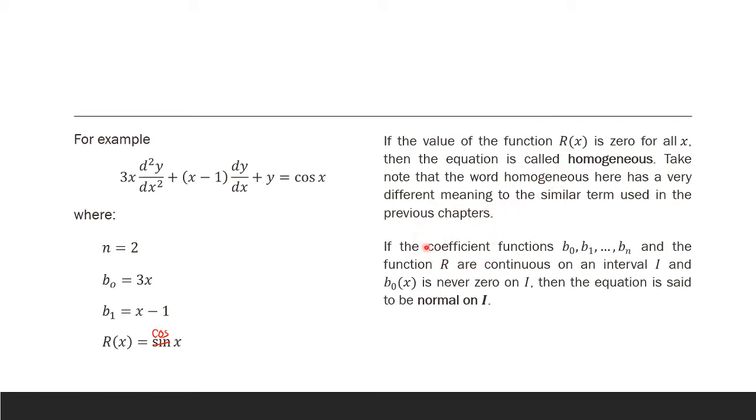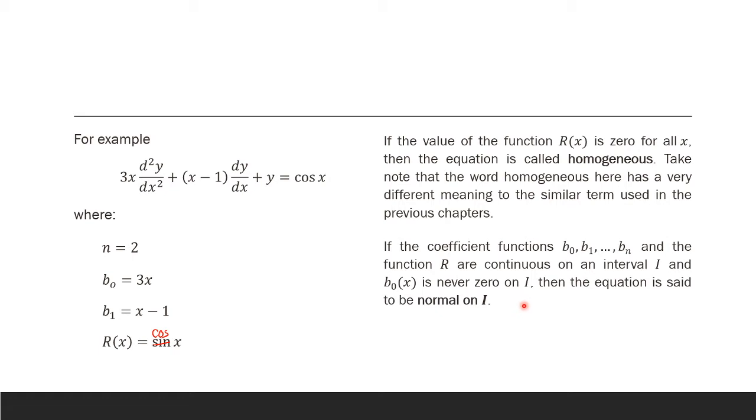So, another concept is what we call the interval. If the coefficients of the function b sub 0, b sub 1, up to b sub n, and the function r are continuous on an interval I, and b sub 0 of x is never 0 on I, then the equation is said to be normal on I. So, ano lang ibig sabihin nun?